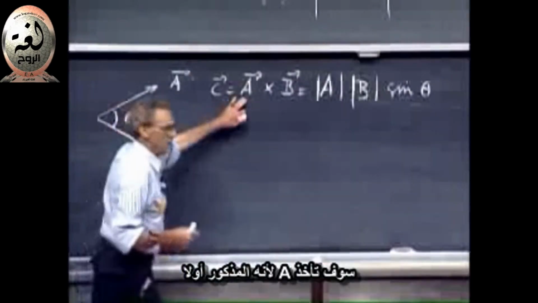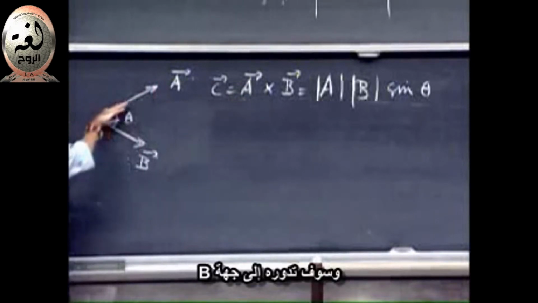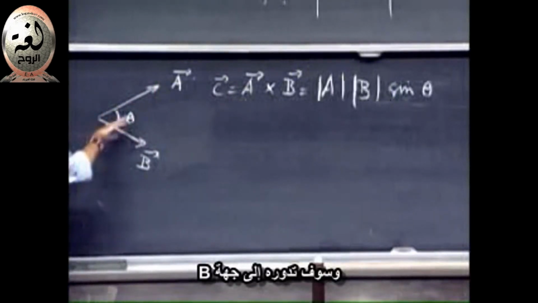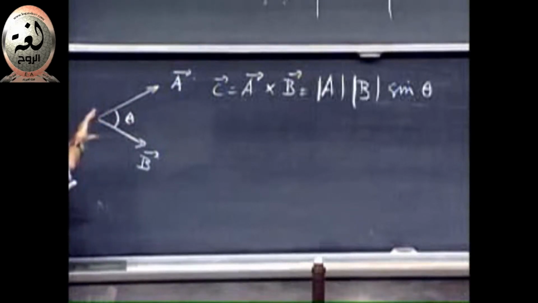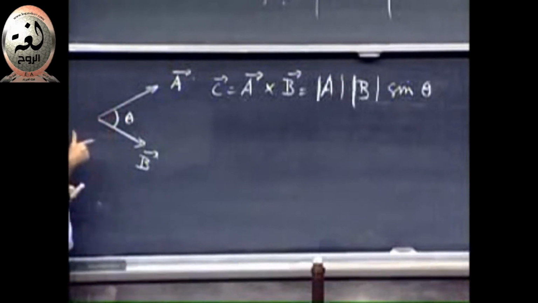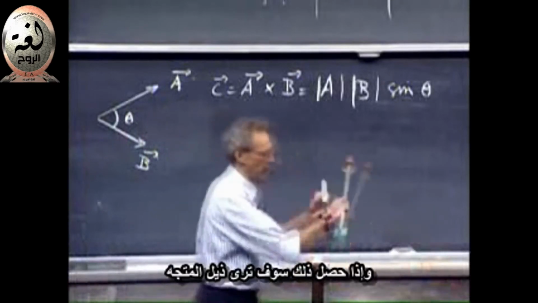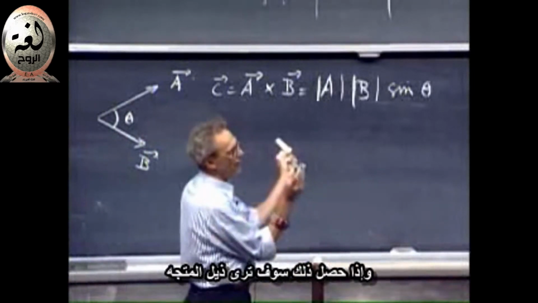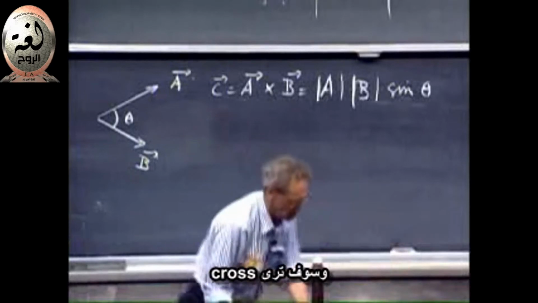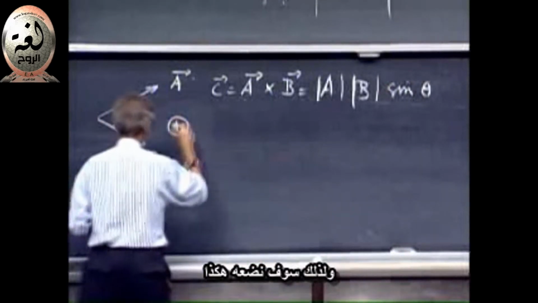You take A, because it's first mentioned, and you rotate A over the shortest possible angle to B. If you had in your hand a corkscrew, and I will show that in a minute, then you turn the corkscrew as seen from your seats clockwise, and the corkscrew would go into the blackboard. And if the corkscrew goes into the blackboard, you will see the tail of the vector, and you will see a cross, little plus sign, and therefore we put that like so.